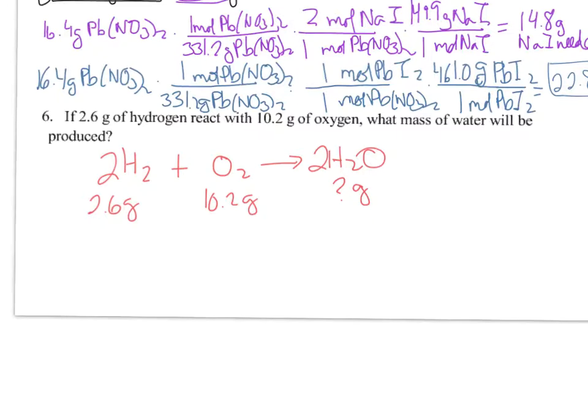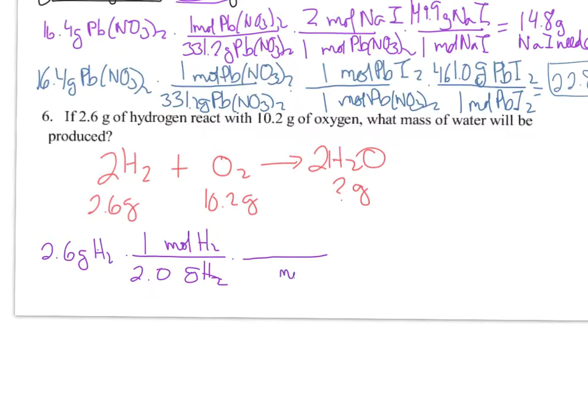Let's start with H2. We have 2.6 grams of H2. Let's convert that to moles. So grams of H2 on the bottom, moles of H2 on top. 1 mole is 2.0 grams because you add up two hydrogens together.